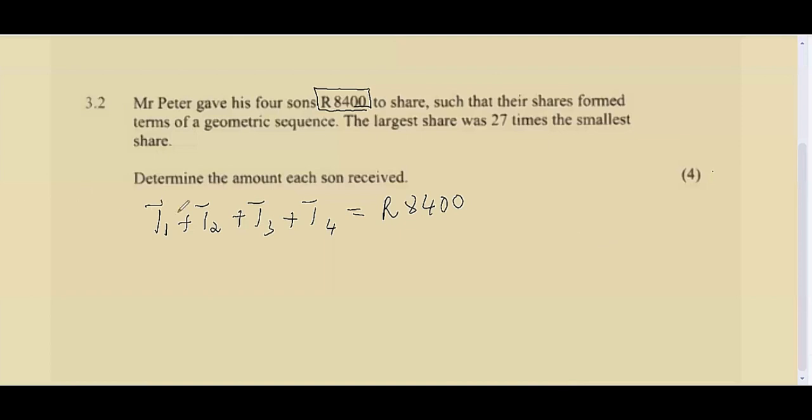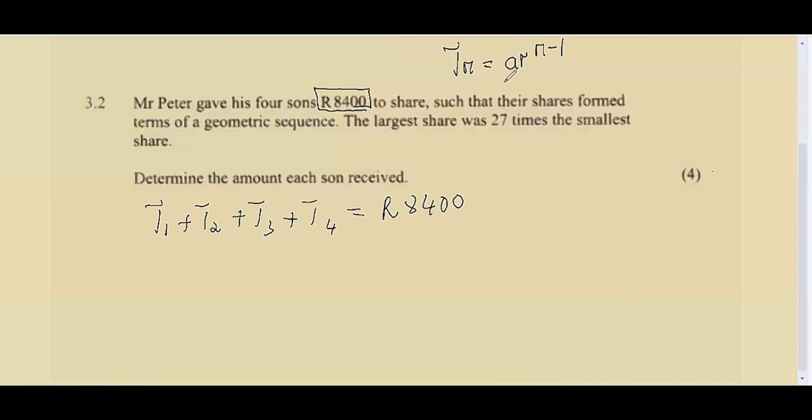Right. But then it is not enough to just express it in this form. Remember, if you are given word problems like this, your duty here is to express this mathematically. So this is just English, but then we want to express it in terms of the maths language. So we do understand that we have the general formula for the geometric sequence, which goes Tn is ar^(n-1).